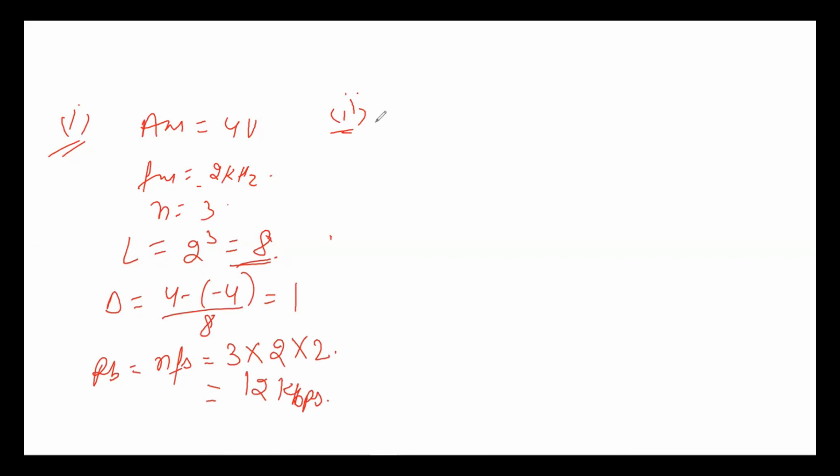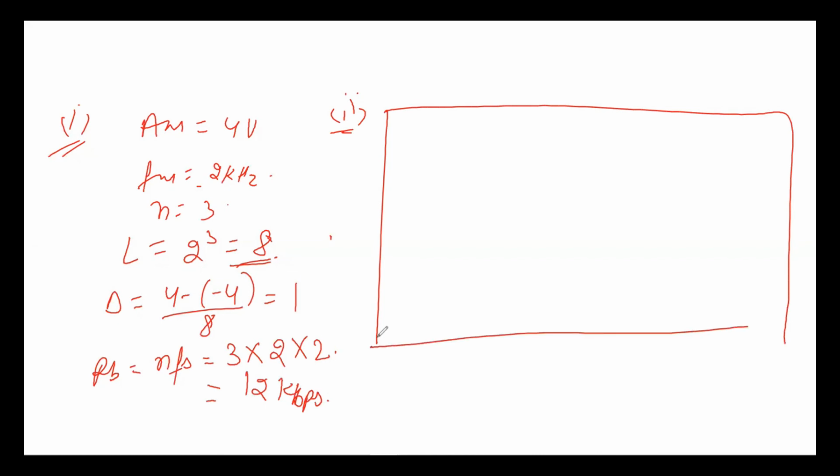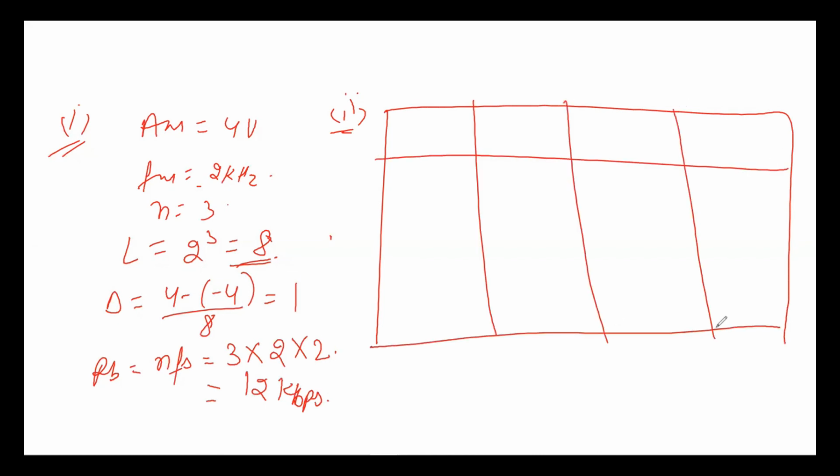Okay. So this is the first bit. And for the second bit, the sample values are given. So first here we will make 4 columns. First one is sample voltage. Next one is quantization voltage. Third column is encoder output. Fourth one is your quantization error. Okay.